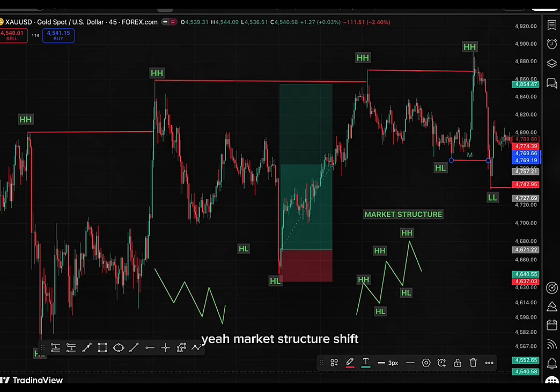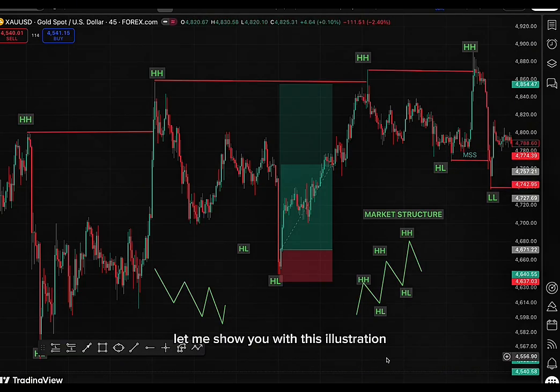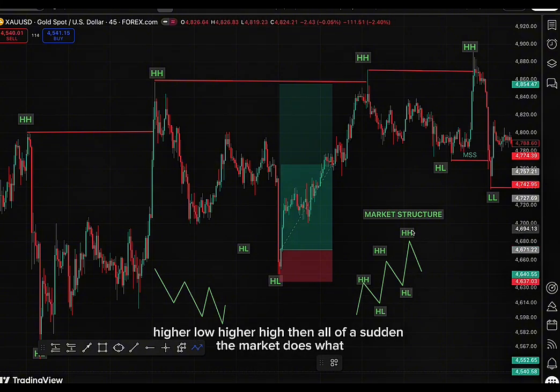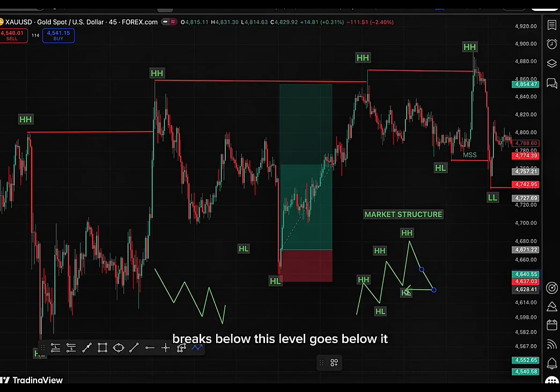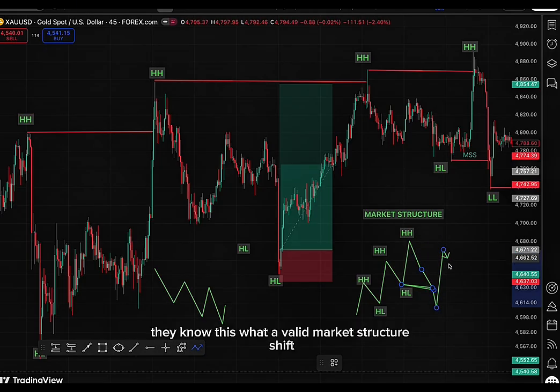Yeah, market structure shift. Let me show you with this illustration. You can see forming series of higher high, higher low, higher high, higher low, higher high. Then all of a sudden the market breaks below this level, goes below it. Then it couldn't form a new higher high. Then you know this is a valid market structure shift.